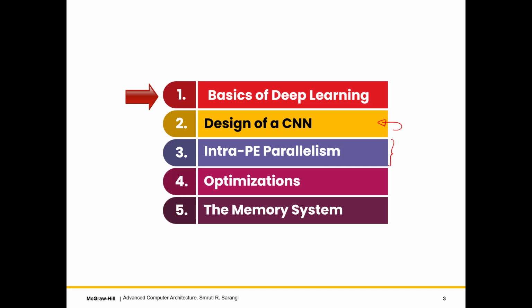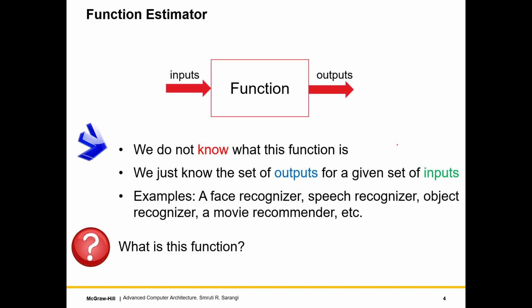Then we will talk about how we take a basic convolutional network and divide it into smaller computational units. Finally, we'll talk about optimizations and the way that we architect memory systems for machine learning accelerators. If you think about it, this is a bespoke new processor, so both new processing as well as new memory are required.